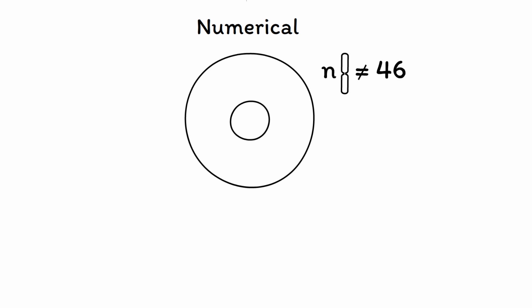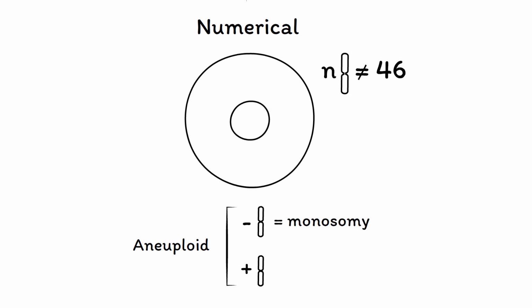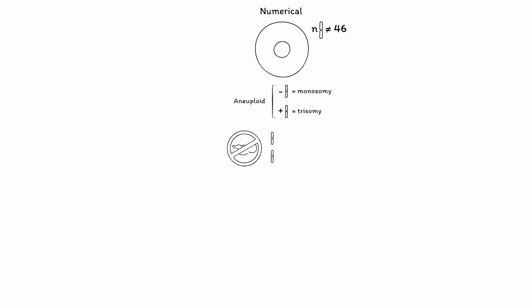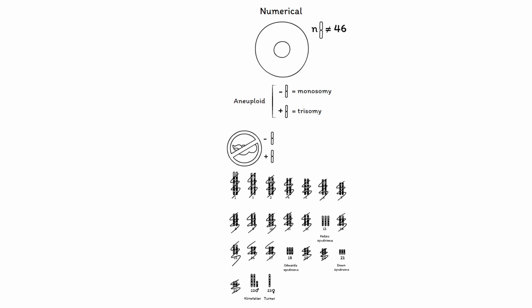Cells that contain missing or additional individual chromosomes are termed aneuploid. When one chromosome is missing, we talk about a monosomy, and when one extra chromosome is present, it is called a trisomy. Embryos with a mono or trisomy of chromosomes are mostly incompatible with life and lead to spontaneous abortions.